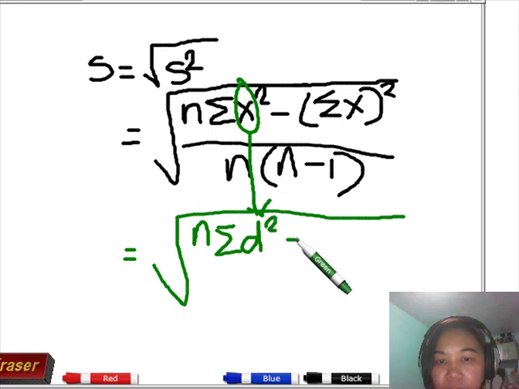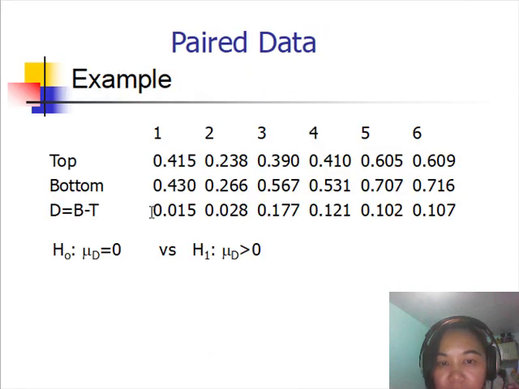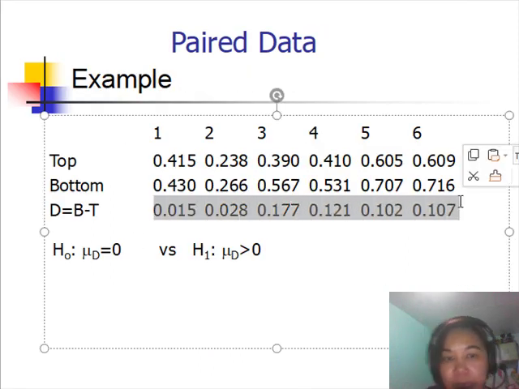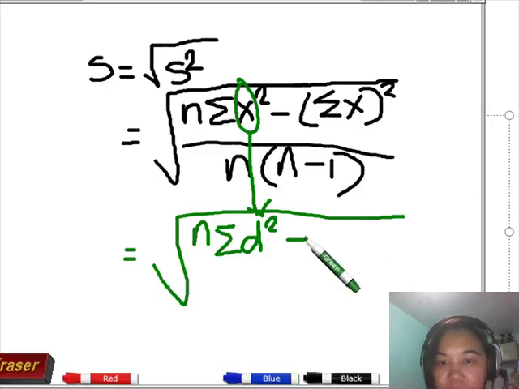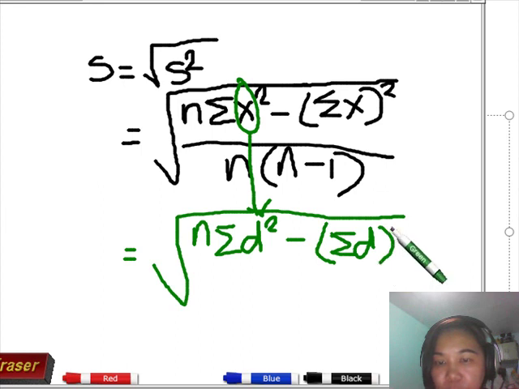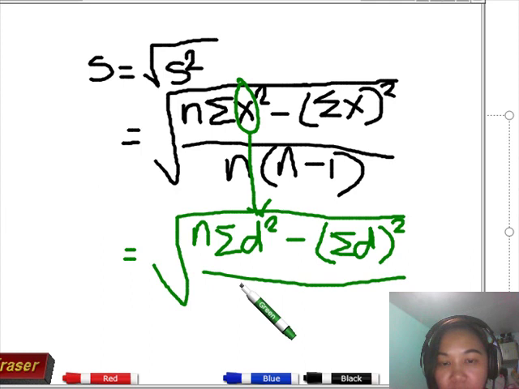Our d refers to our differences. Okay, these are the values of our d. Then we have here the sum of d, raised to 2. Our n refers to the locations. N is just equal to 6 because we have 6 locations in our problem.